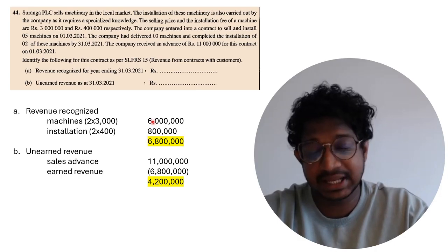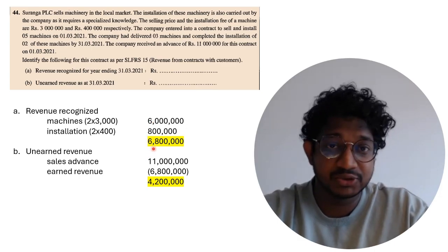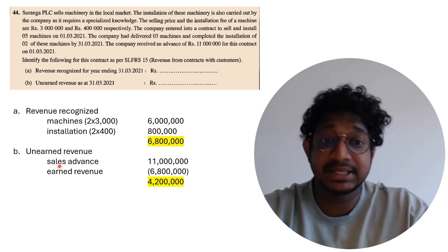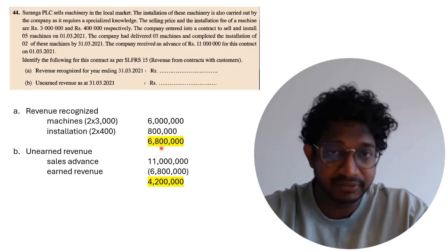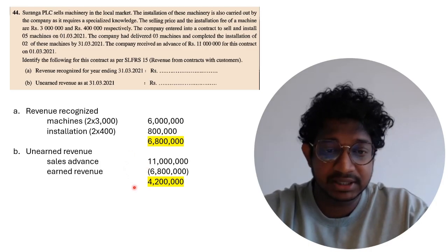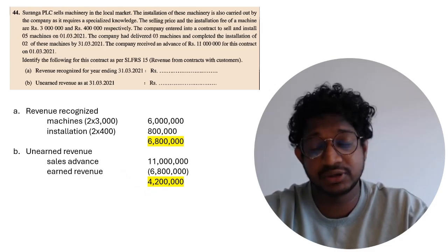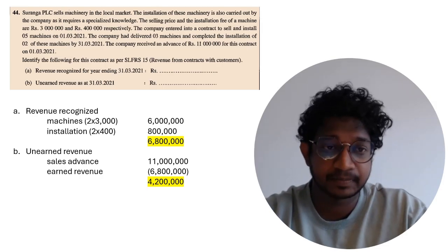So 6,000,000 and 800,000 altogether, 6,800,000, you should identify as your revenue. But you received 11 million as sales advance. From that 11 million, you identified 6,800,000 as your revenue, which means the other portion is unearned revenue. This amount you should present in current liabilities, right?